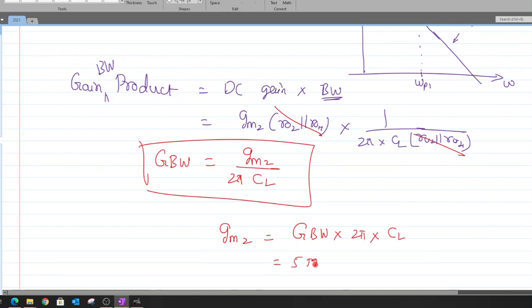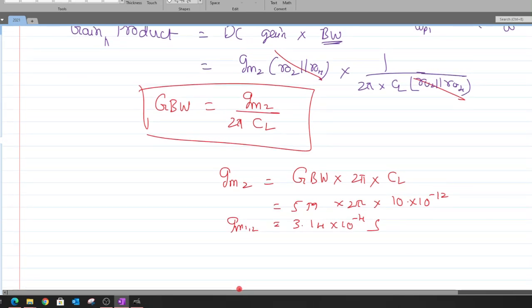So 5 megahertz into 2 pi into 10 picofarad. I guess it would end up having a value equal to 3.14 into 10 to the power minus 4 Siemens. That is the GM of both the transistors M1 and M2, so I'm writing it as GM1,2 equal to this.